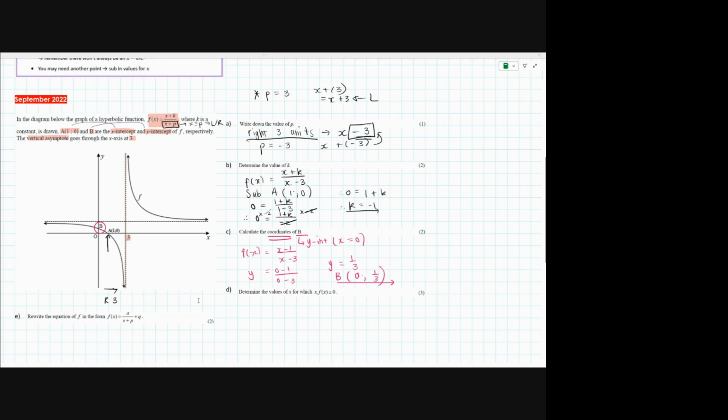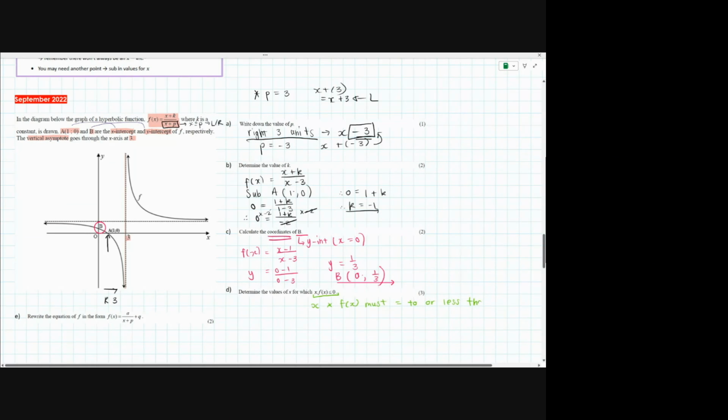Right, question D says, determine the values of x for which x times f of x is less than or equal to 0. Right, I know these are ones that we don't particularly enjoy, so let's break down what this is actually asking us. So this is saying x times f of x must be equal to or less than 0.